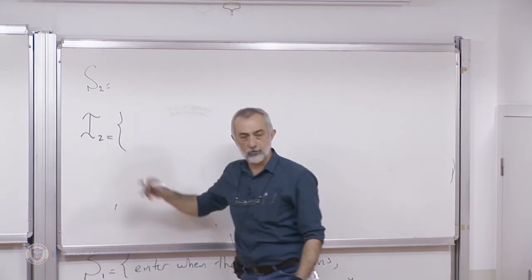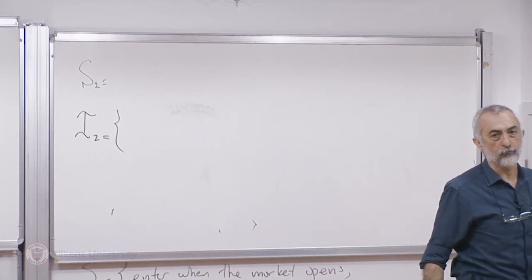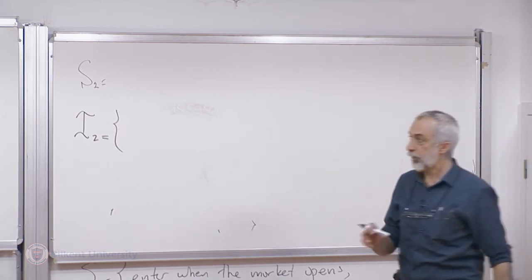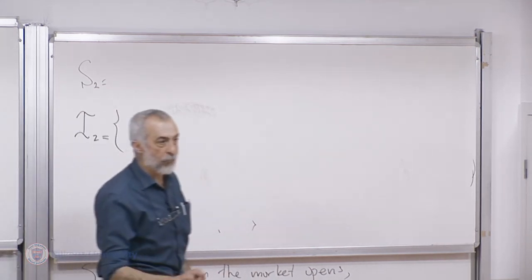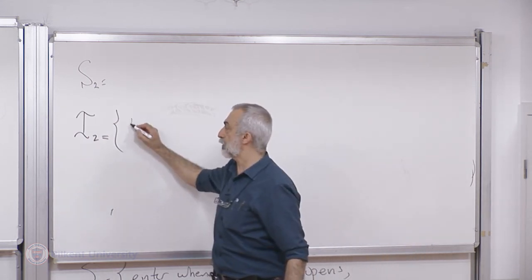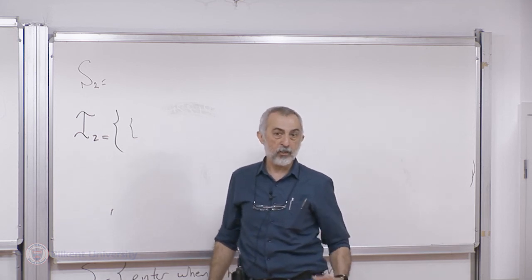First of all, it's a set, so I'll put my brackets. What does this set consist of? Singletons, right? Because agent 2 knows exactly what has happened, it should only contain a single element. So this is a set which consists of sets of single histories.